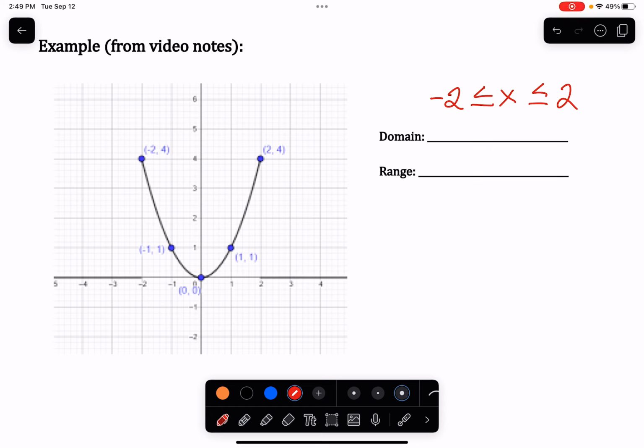I'm creating a compound inequality, and if that sounds really complicated, just keep in mind all we're saying is that x is between -2 and 2. And it includes both of these numbers.